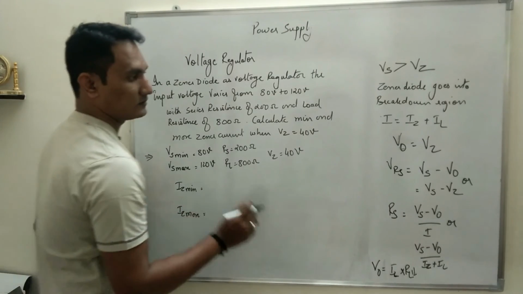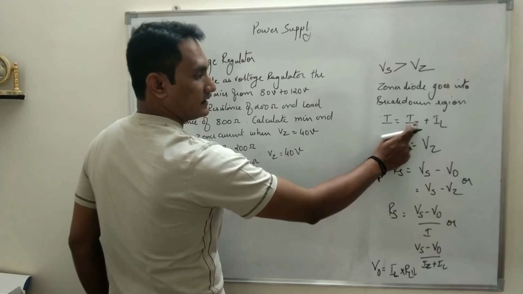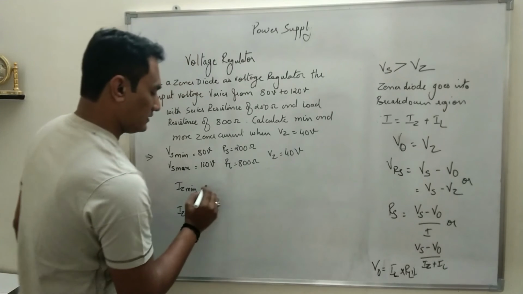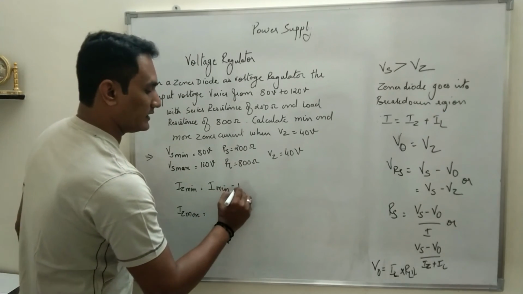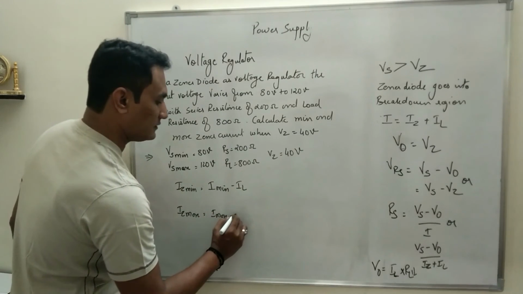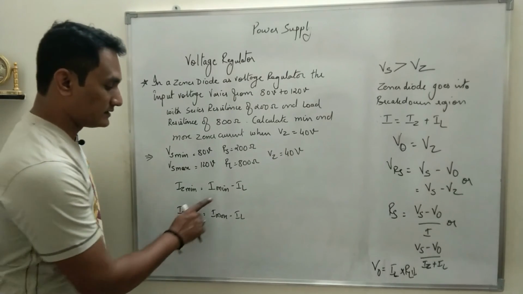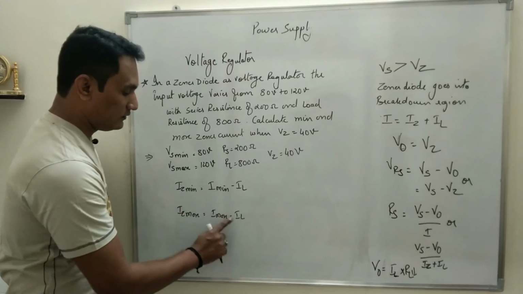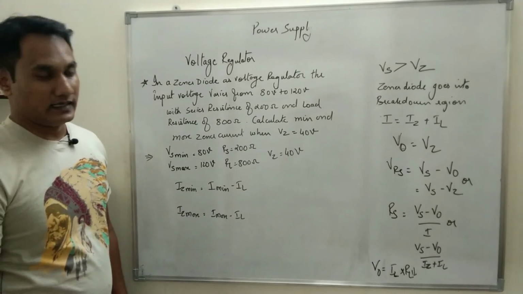And what is the formula for Zener current? Iz is I minus IL. In this case it will be I minimum minus IL, and here it will be I maximum minus IL. So what we need to calculate is three things: I minimum, I maximum, IL. If you calculate these three, we can easily find the value of Iz minimum and Iz maximum.